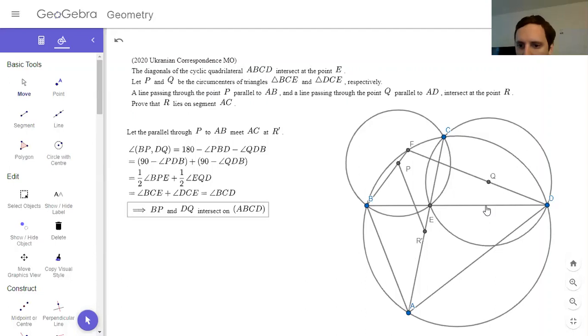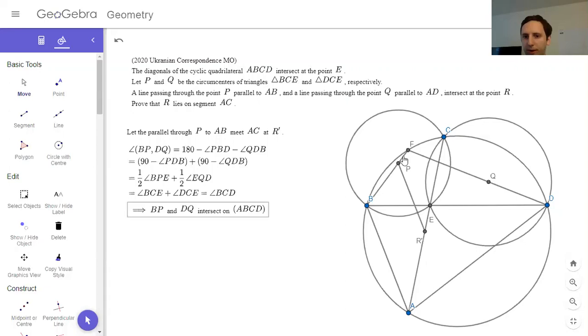Let's see. Just thinking this through. Oh, you know what? We see that angle CR prime P is equal to CAB, which is 180 minus BFC.